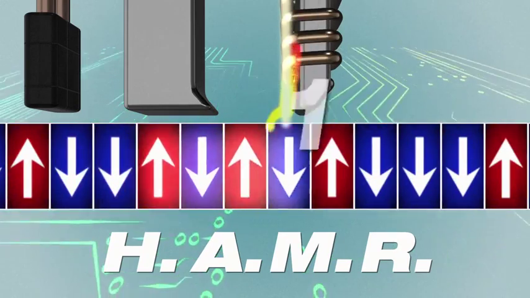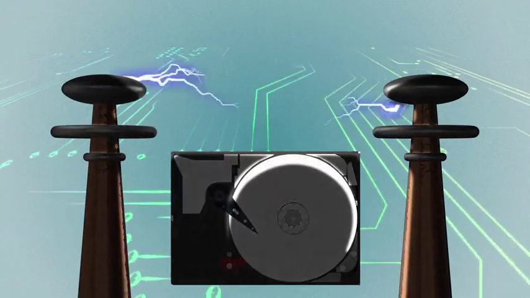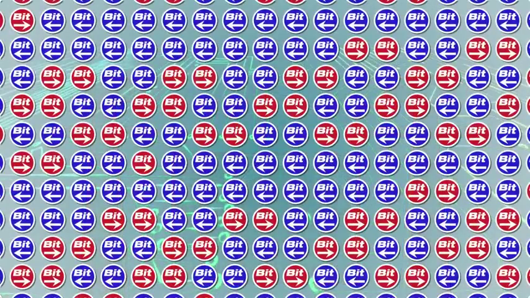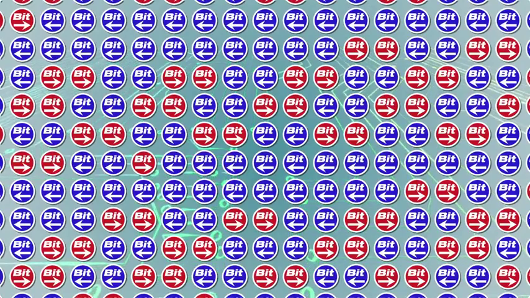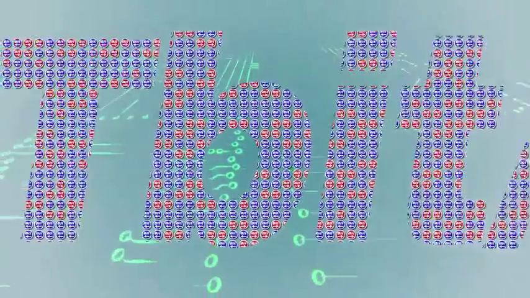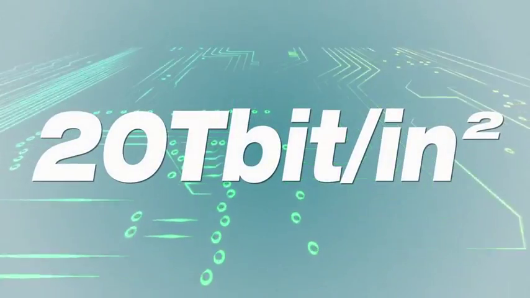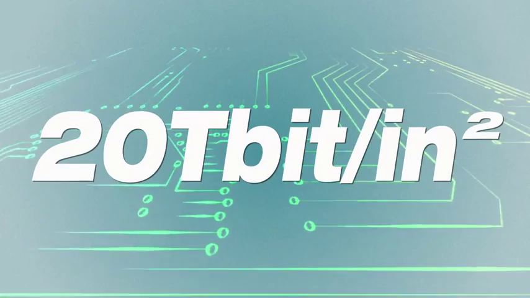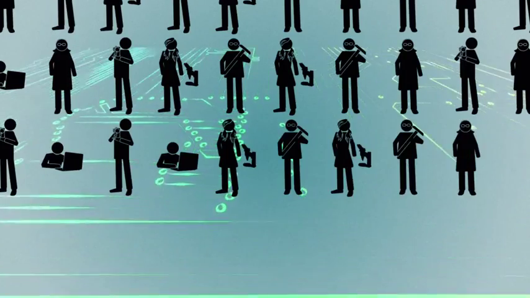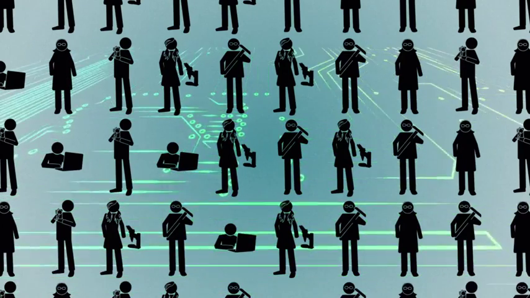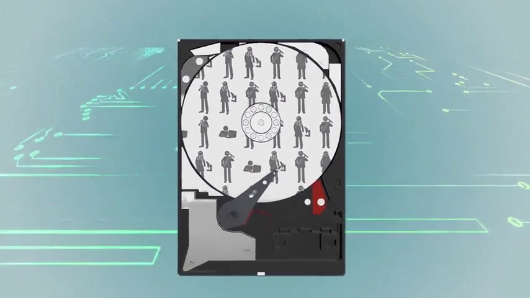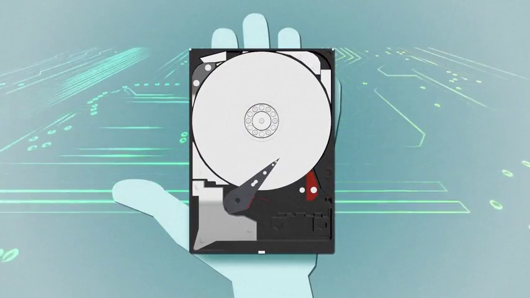And while those drives are currently in the prototype stage, scientists already have the next potential trick up their sleeves: bit-patterned media where bit locations are arranged in separate nano-sized structures, potentially allowing for areal densities of 20 terabits per square inch or more. So it's thanks to the combined efforts of generations of engineers, material scientists, and quantum physicists that this tool of incredible power and precision can spin in the palm of your hand.